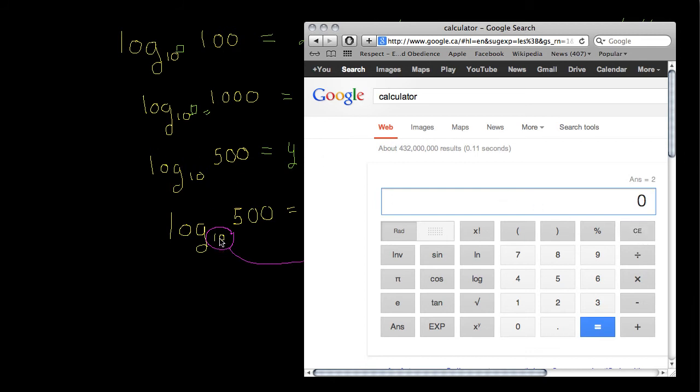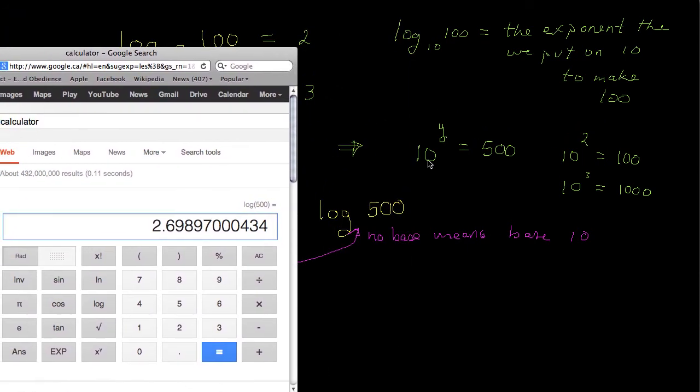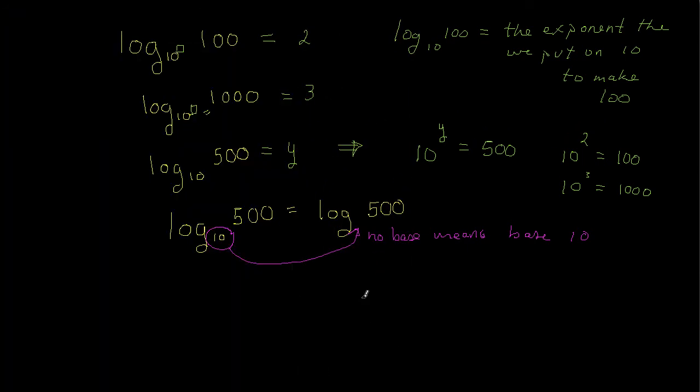So now we can figure out what the log of 500 is. So I just pressed log 500, and what do I get? 2.69897. Okay, so let's bring that over here, and the log of 500 is, oh, I can't bring that over there.